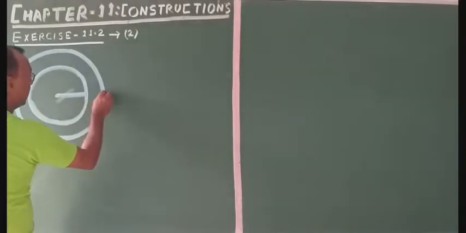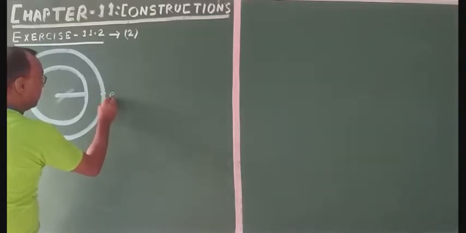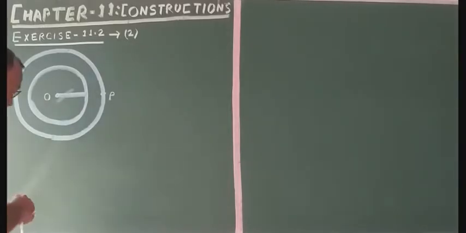Let P be the point on the outer circle and this O is the center of both the circles. Now we have to construct the tangents from point P to this smaller circle.